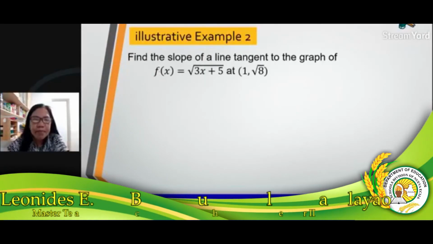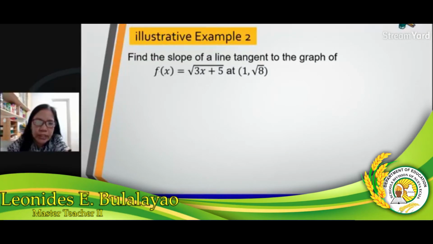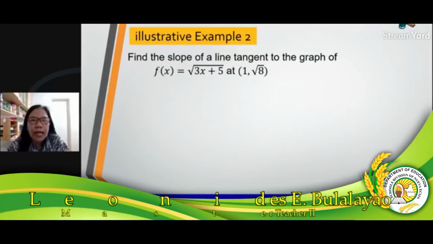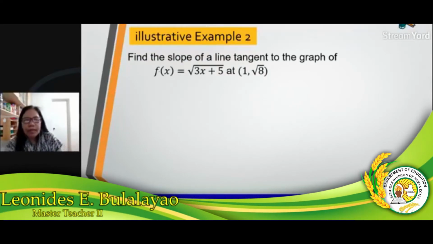So let's have example number 2. This time we have the square root function, square root of 3x plus 5, and we're going to find the slope of the line tangent to this graph at 1, square root of 8. So if we plug in 1 here, we have square root of 8 as our y.